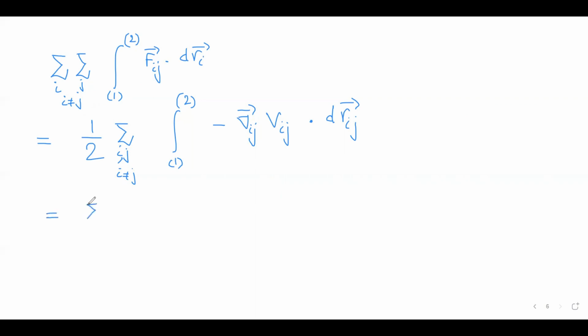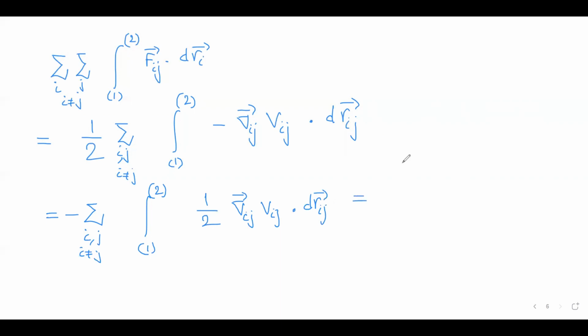So this is the sum over i, j, integration from 1 to 2. The minus sign is outside, and this is half divergence of ij, Wij dot d rij.